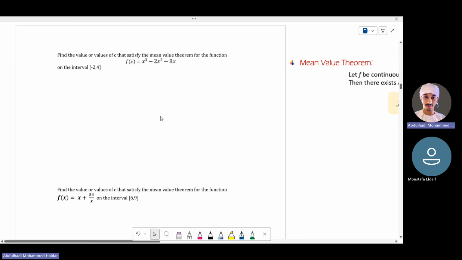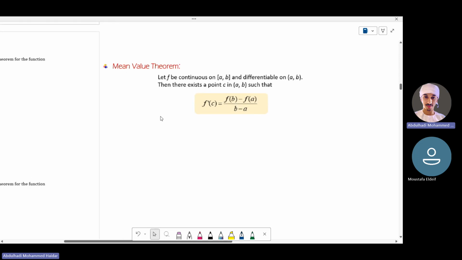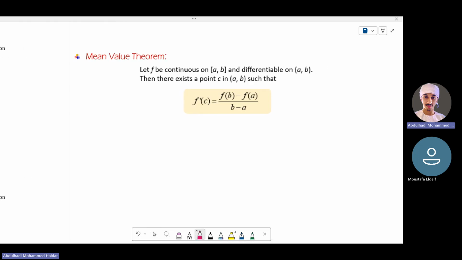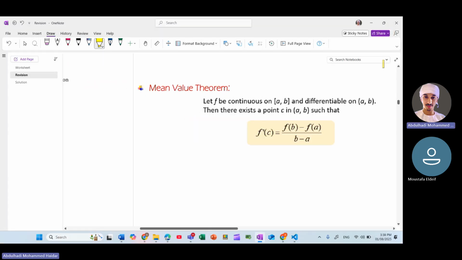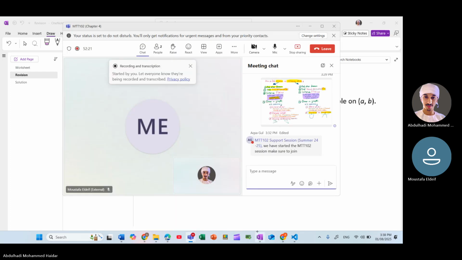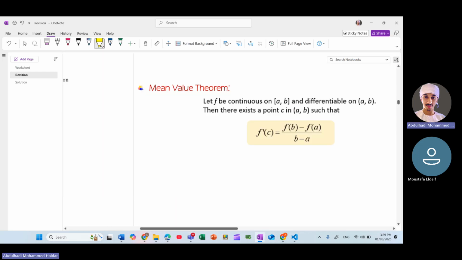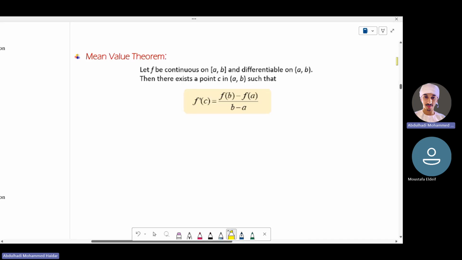Okay, going to the second part, which is the mean value theorem. The mean value theorem has a formula, but be careful. It says: let f be continuous on this closed interval and differentiable, but be careful, on the open interval.